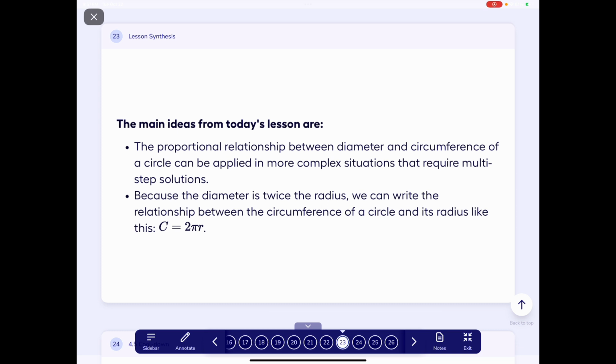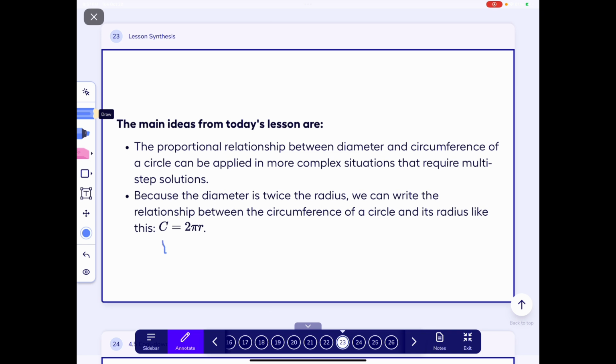Break down the problem. And the second bullet point says, because the diameter is twice the radius, we can write the relationship between the circumference of a circle and its radius like this. C, that is the circumference, is 2 pi r.